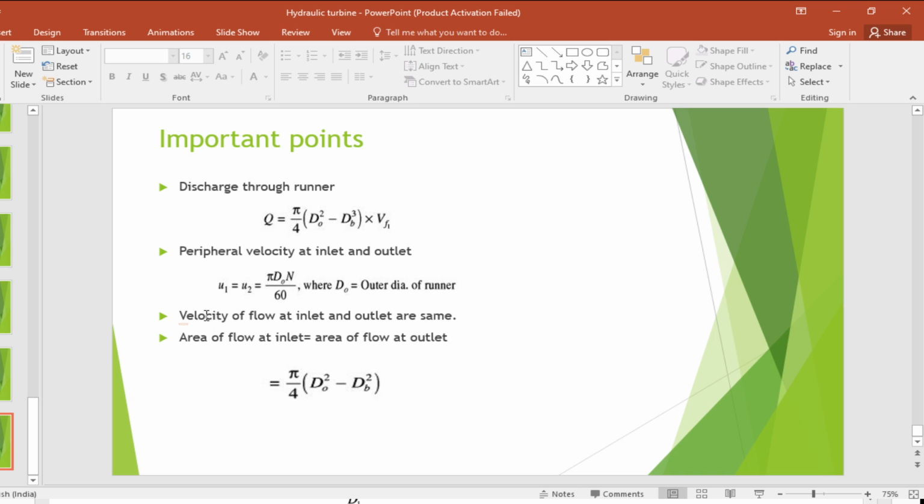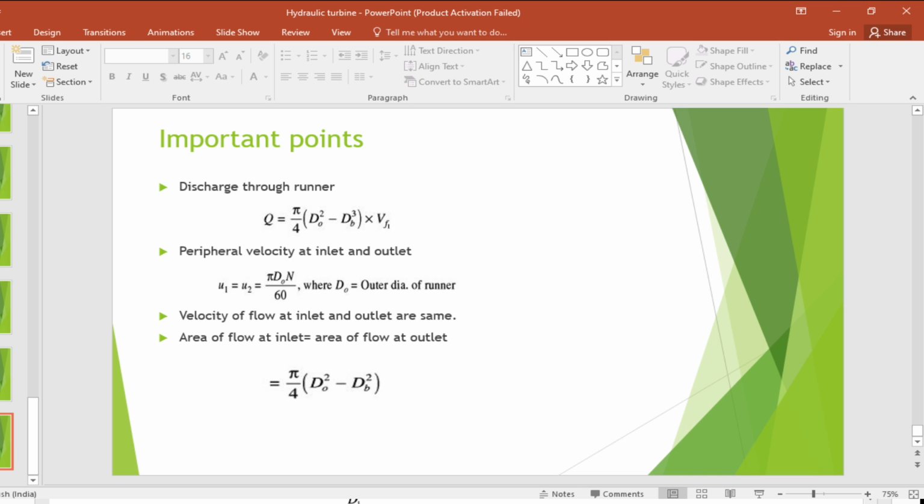Thirdly, the velocity of flow at inlet and outlet are the same here, so Vf1 equals Vf2. The fourth point is that the area of flow at inlet equals the area of flow at outlet, which can be found by using pi by 4 into (D naught square minus Db square).